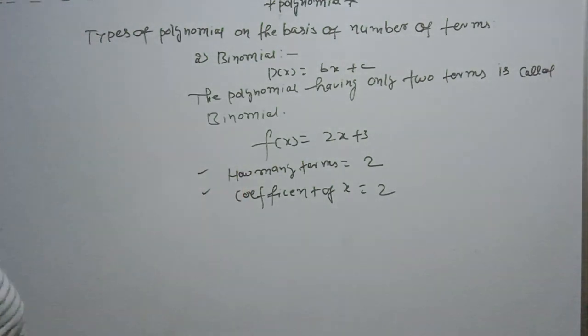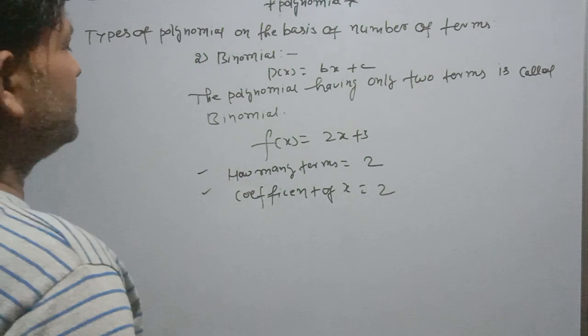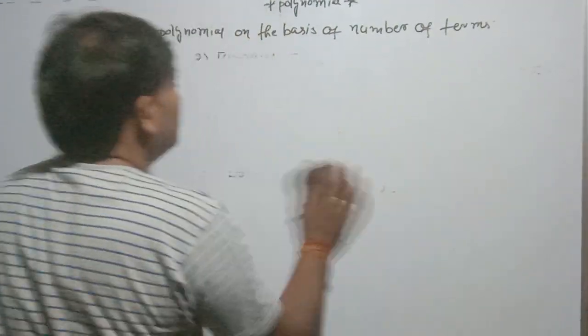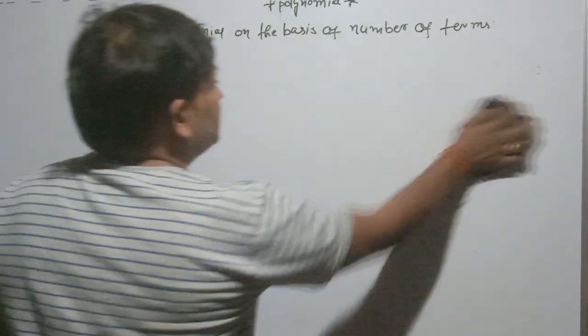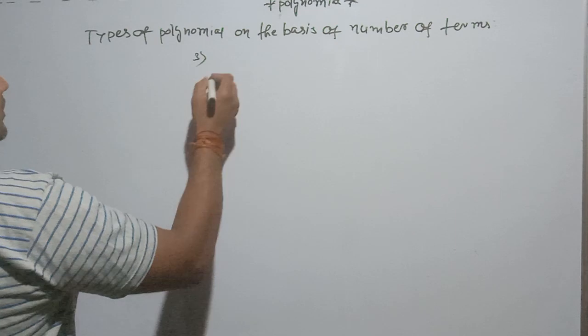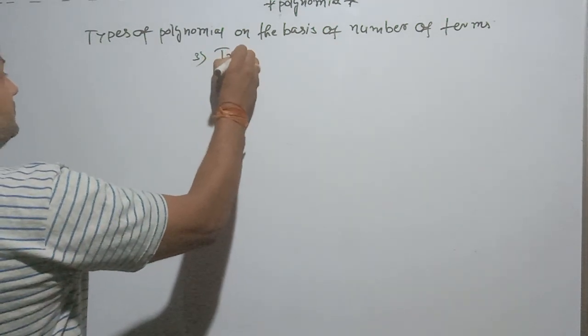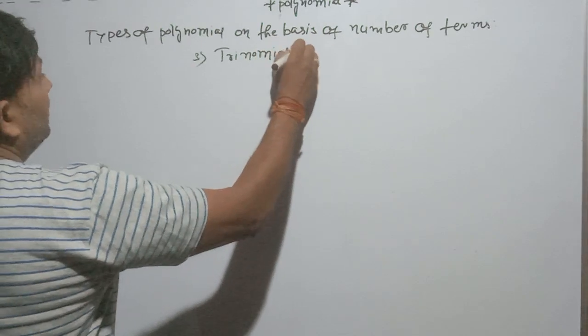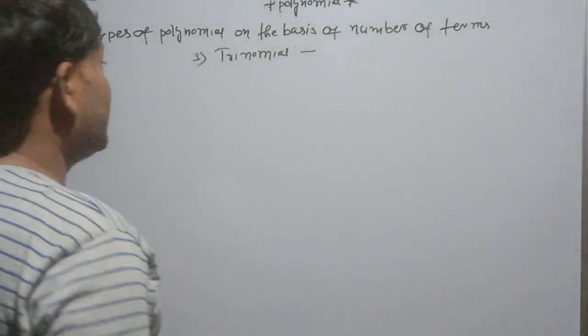Now, the third type of polynomial on the basis of terms: trinomial.